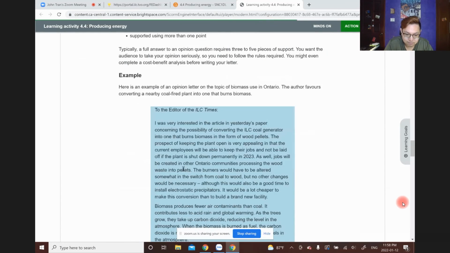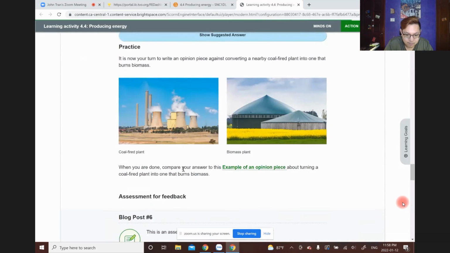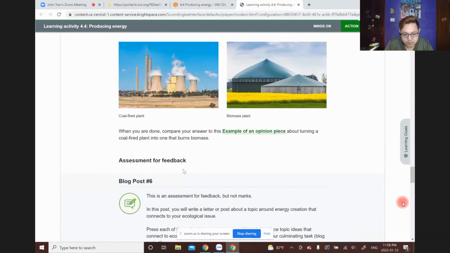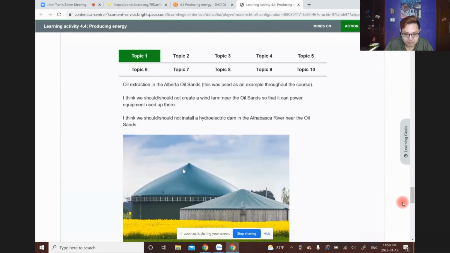Example: oil extraction in Alberta oil sand. It was used as an example throughout the course. I think we should not create a wind farm near the oil sand so that it can power equipment used up there.